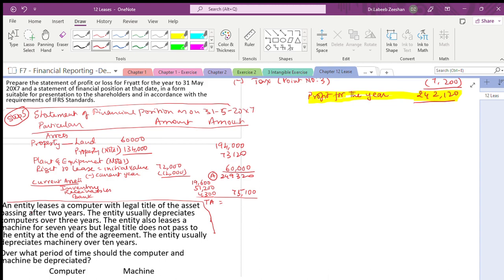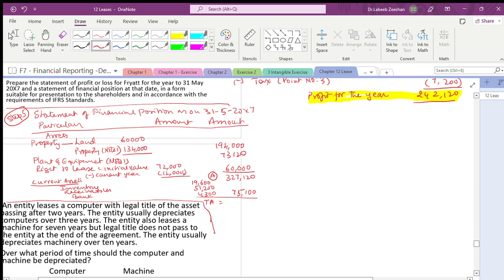Total non-current asset. 194,720. You check this one. 327,120. You have typed it like that, so I have taken it like that. 327,120.